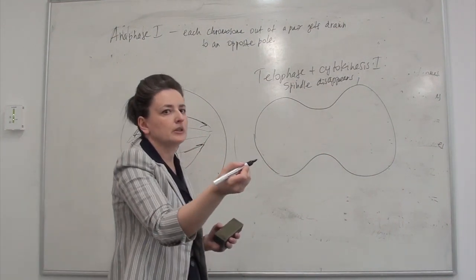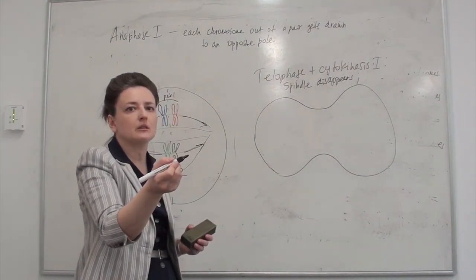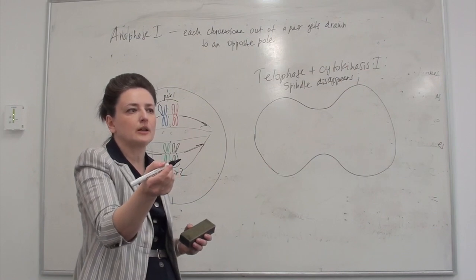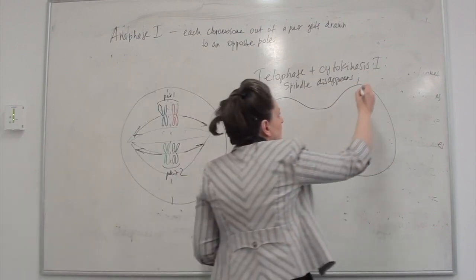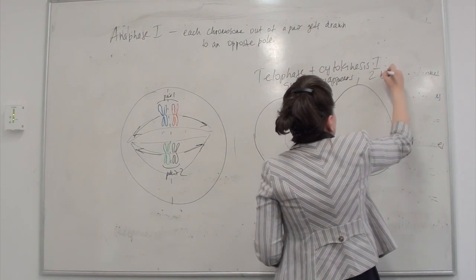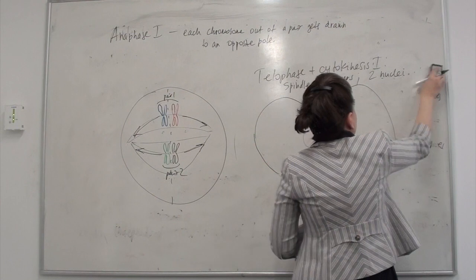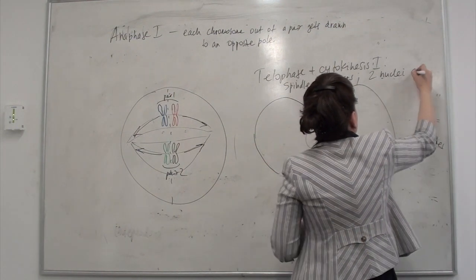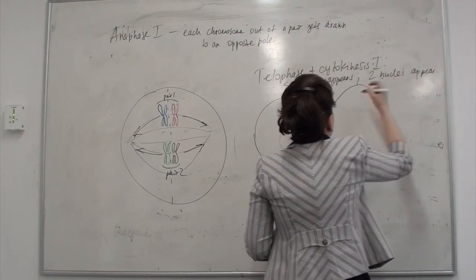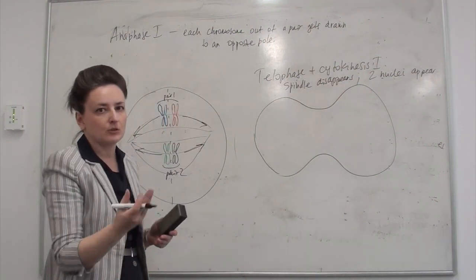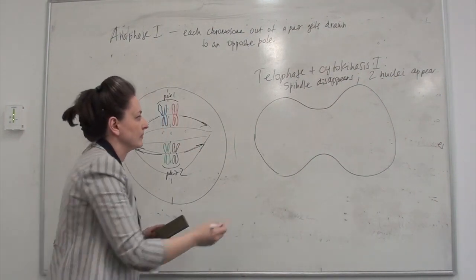Right, so nucleus appearing. Is it just one nucleus, two nuclei? Two. Right, so two. And the cytoplasm is split in half. The cytokinesis part of it is going to be the splitting of the cytoplasm.